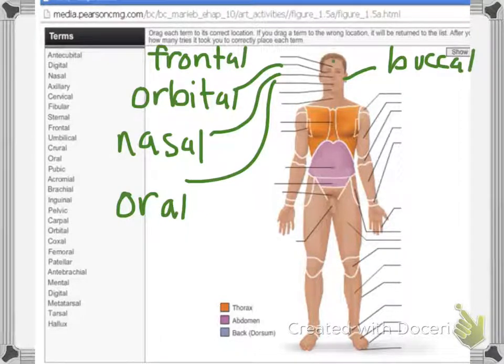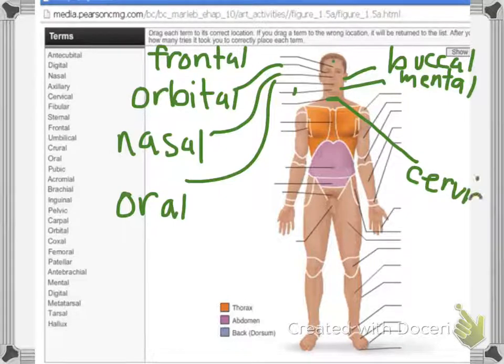I think when you blow a bugle, your cheeks look funny. And then your chin down here, that is mental. Remember I said if somebody goes quote unquote mental and flips out, they may bump their chin. And then the neck region right here is the cervical region, and that doesn't matter if you are on the anterior or front or posterior side of the body.